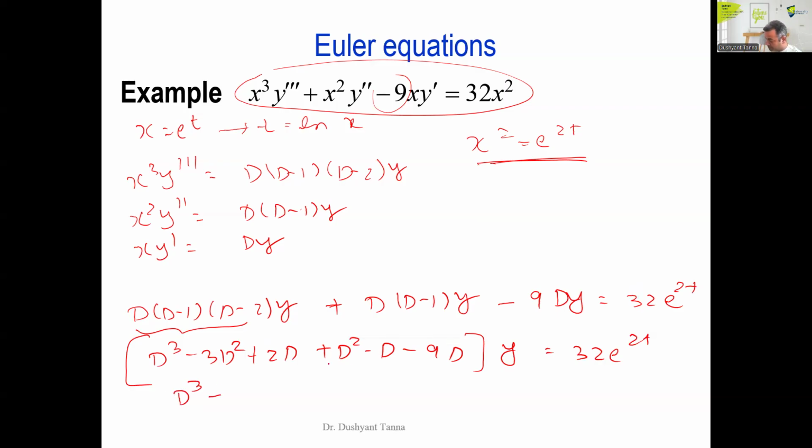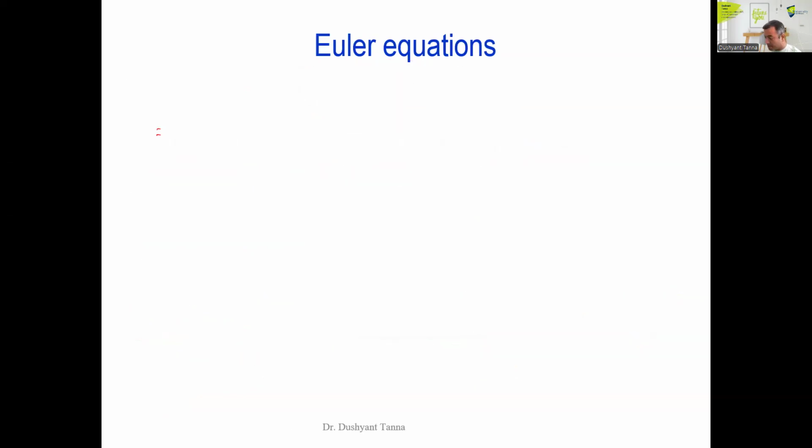So you got D cubed minus 2D squared minus 8D, y is 32 e power 2t. Now we take the D common. D common left is D squared minus 2D minus 8, y is e power 2t.